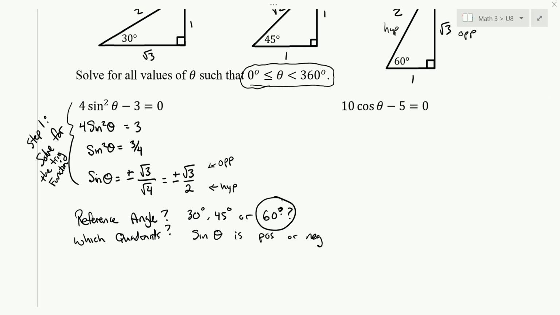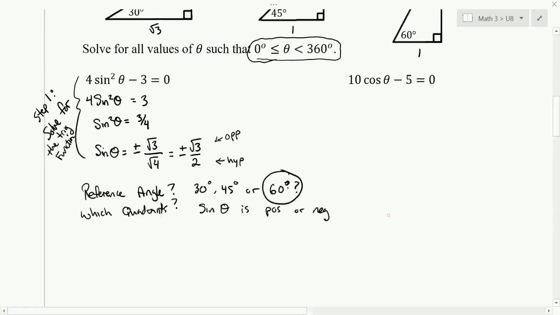Each quadrant that you're able to work in will give you an answer. So we're going to have 4 quadrants, we're going to have 4 answers. That's step 2: ask those 2 questions and get answers to them.